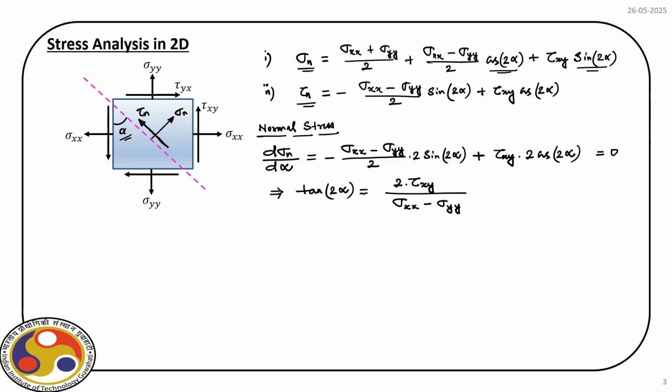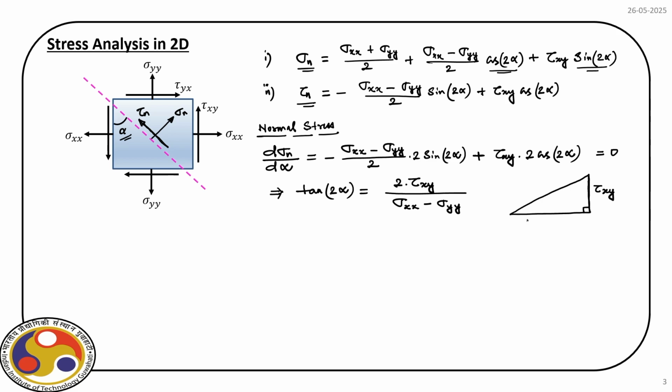Now, if we look at the geometric description, what does it mean? We have a right angle triangle whose one side is tau xy. This is 90 degree.